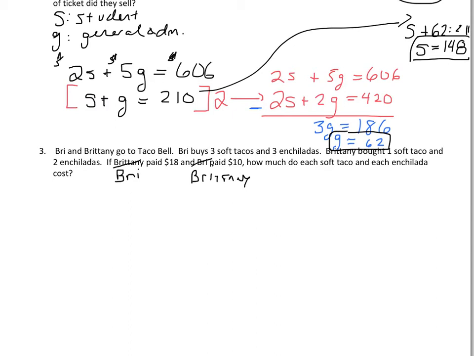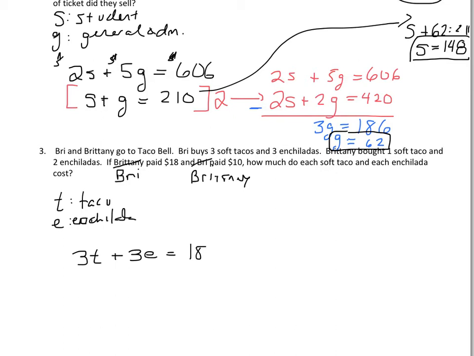How much does a taco and enchilada cost? So let's use T for taco and E for enchilada. So we're going to write a Bree equation. Bree buys 3 tacos and 3 enchiladas and spends $18.